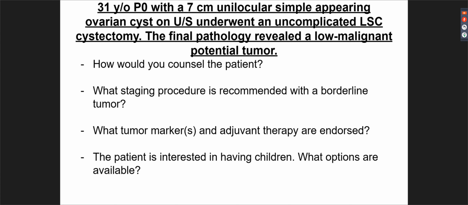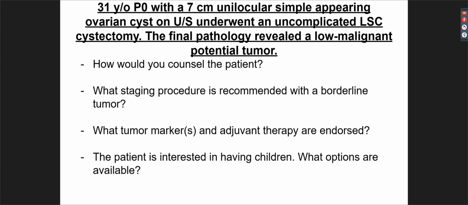It's not. I think with a low malignant potential tumor, it's not necessary, again, because the prognosis is good. She definitely needs to have very close monitoring, but she doesn't necessarily need to have surgical staging as soon as possible.